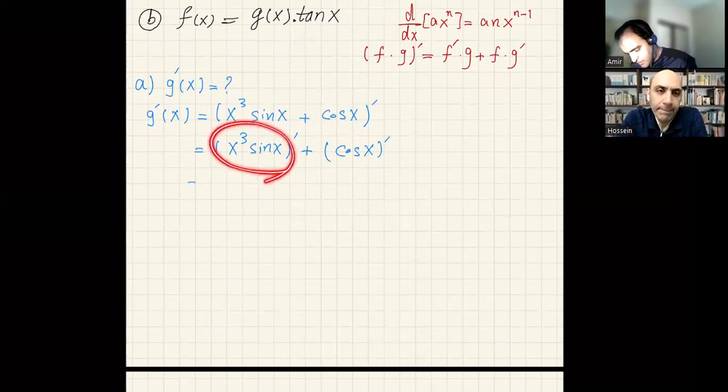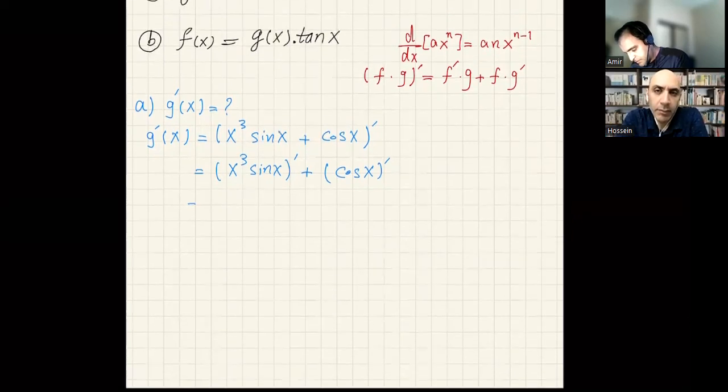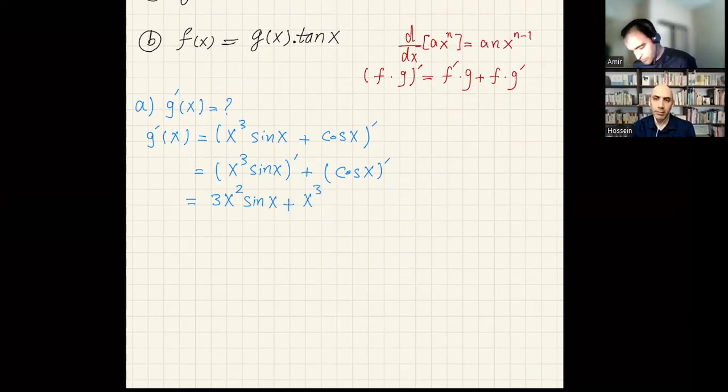And so this one is a combination of the product rule and the power rule we have here on the side. So it's going to be the derivative of x cubed, which is 3x squared, times the second one, which is sine of x, plus x cubed times the derivative of sine of x, which is cosine of x.